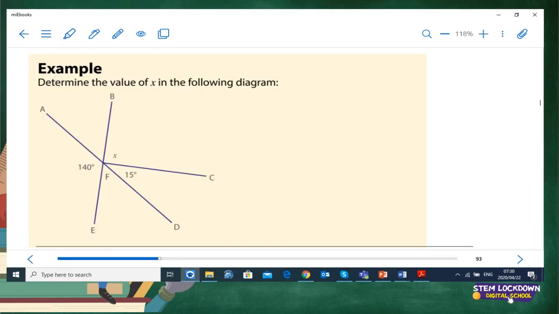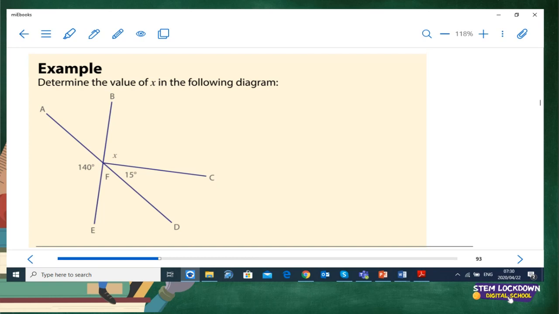Now I have an example here. The example here, you need to now determine the value of X in this diagram. Now, in this diagram, you don't have any parallel lines. There are no parallel lines, but you do have lines that cut each other.